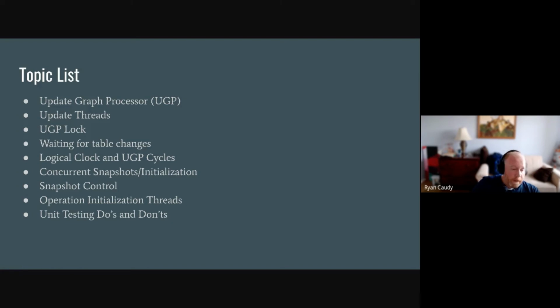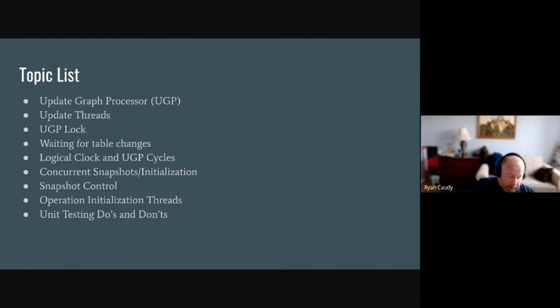Okay. Let's move on and talk a little bit about unit testing. Do's and don'ts. Let's start with a first really big don't. Don't sleep. We almost never want to sleep in a unit test. It usually implies that something is wrong in the pattern that we're following, and that either the test is a bad test or we should be following some other pattern.